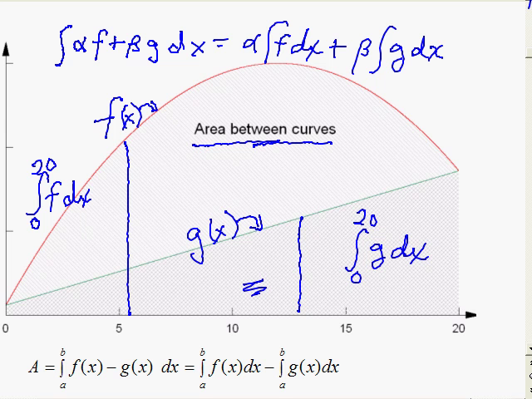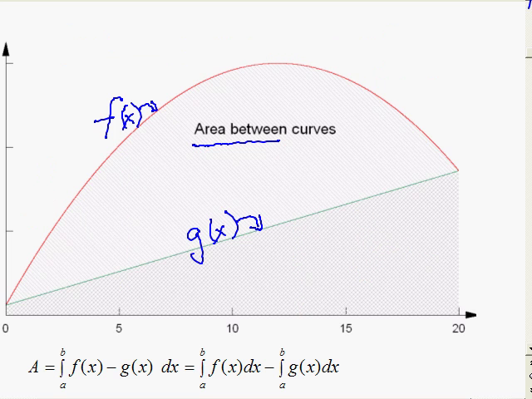I'm going to erase some of the things on the screen now, and then I'll be able to write this expression as you see at the bottom of the page. So here's what we've got. We have the integral from 0 to 20 of f of x giving me the entire area beneath the red line.